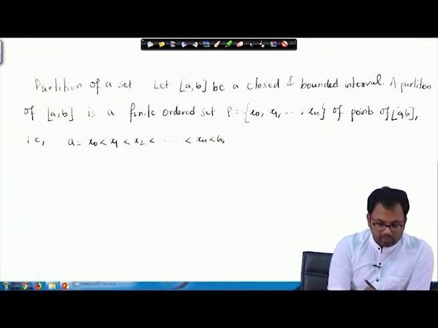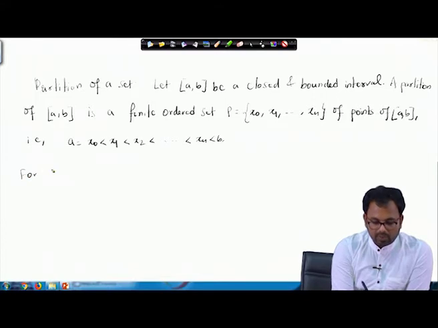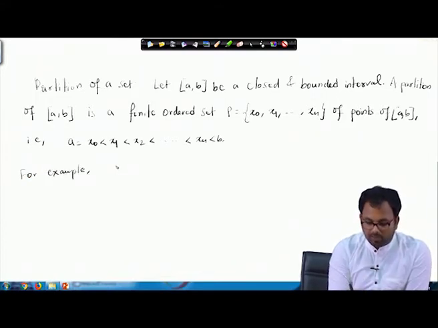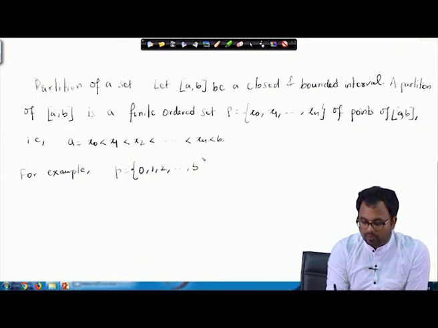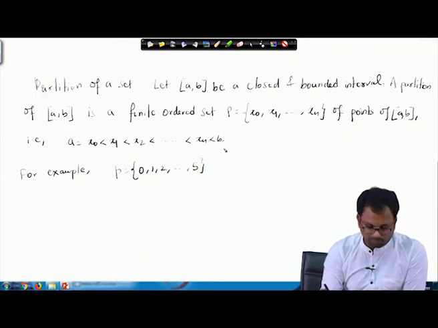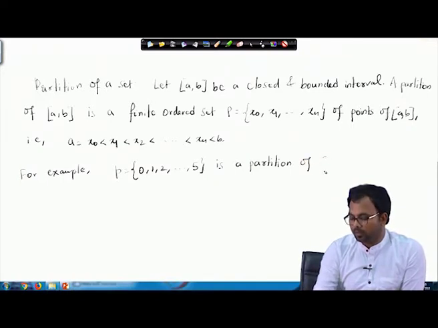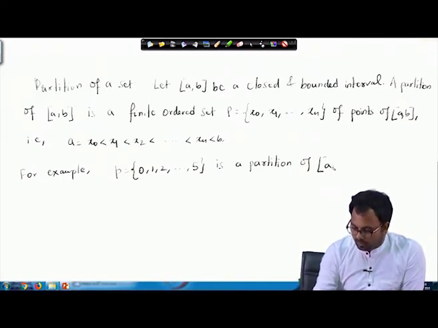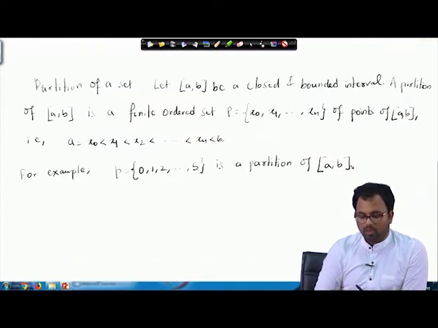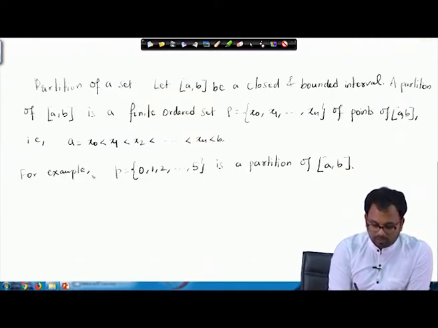For example, we can consider P equals 0, 1, 2 up to 5, which is a partition of [a, b]. This is the first example.